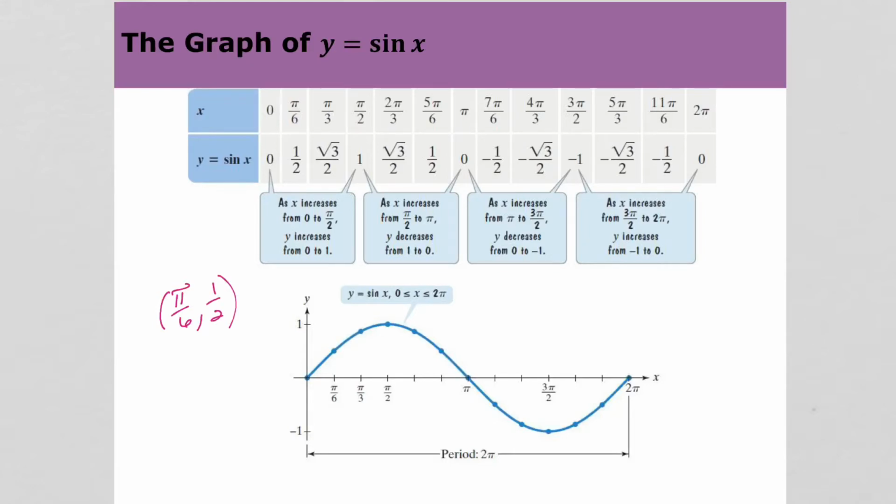So the x value is your angle, and the y value is the y value of the point that goes along with that angle. And you plot that point, and you keep going, you get the sine curve.